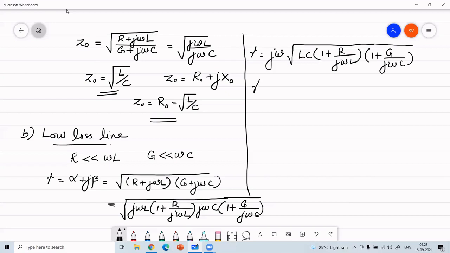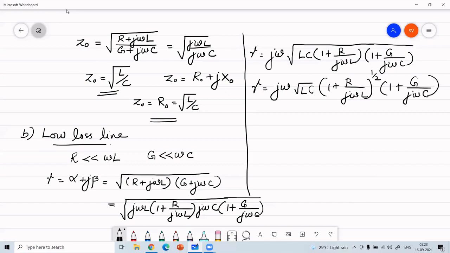Now this can be written as gamma is equal to j omega into root LC into (1 plus R by j omega L) the whole raised to half, again (1 plus G by j omega C) the whole raised to half.